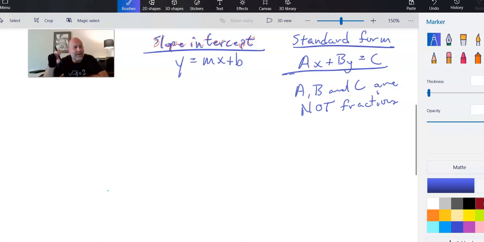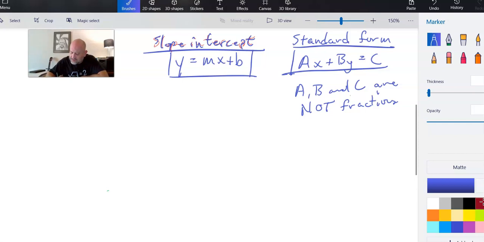It was very hard to make fractions with those old printing presses, and so they found a form of the line that had no fractions. And that's pretty much what everyone used up until probably about 40, 50 years ago, when it started changing. You stop seeing this form so much, and you start seeing this form a lot more. And the reason for that is b is typically a fraction.